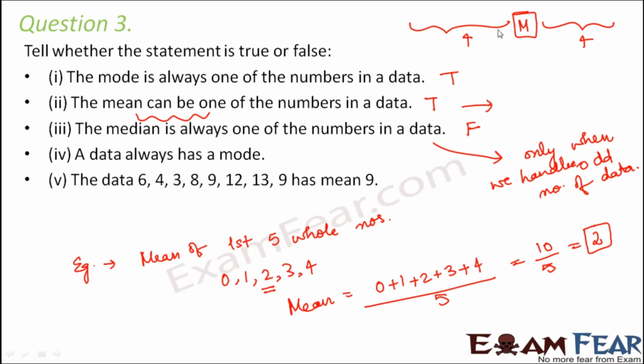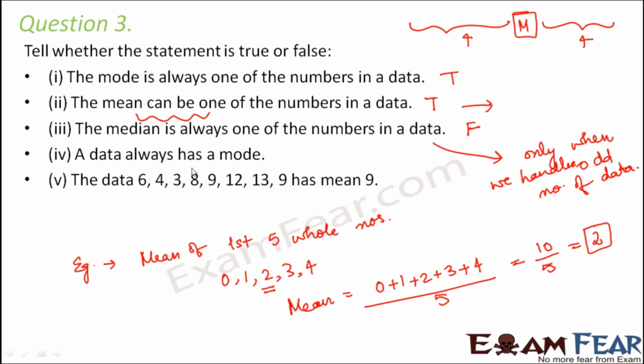But when you have 8 numbers of data, your median is not one of the numbers in the data. You take the average of the 2 middle terms and then calculate the median. So in case of even number of data, median is not one of the numbers in the data.